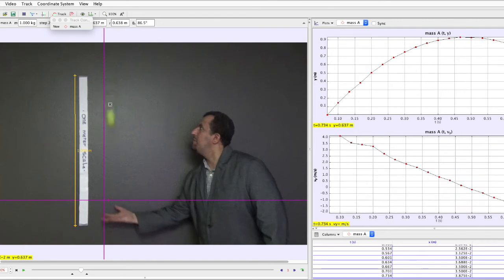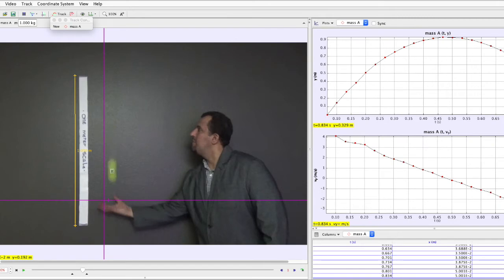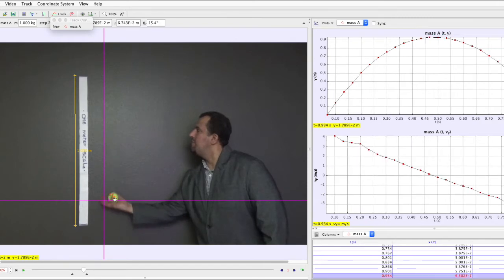I will go down and we'll continue to go down. That's great. So now you can see this behavior. So this is a very nice behavior, guys.